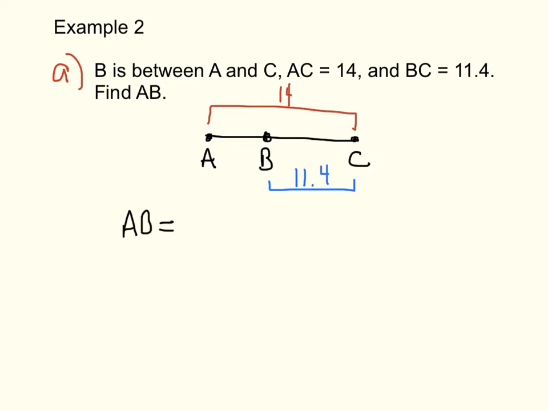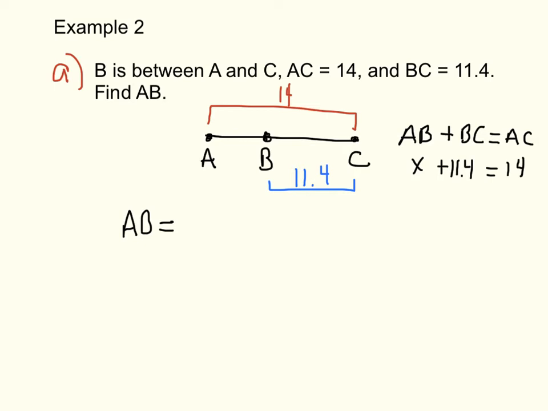Now looking at this, it's fairly easy. We know from the segment addition postulate, now I'm going to do way too much work here, but I want to make sure you understand that the segment addition postulate states that AB plus BC is equal to AC. So if we know AC is 14 and BC is 11 4/10, AB is what we need to find, then you can write the simple equation, x plus 11 4/10 equals 14.